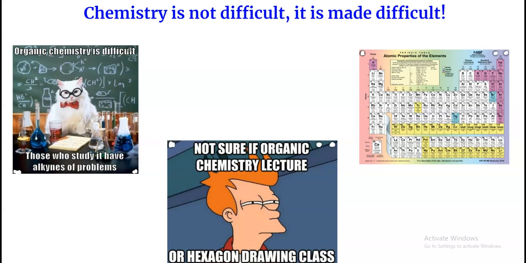While I do relate to them to some extent and understand that a subject can be made harder based on how it's introduced to the students, what really saddens me is when I hear that chemistry is hard. Because I truly believe chemistry is not a hard subject, it's just made difficult.